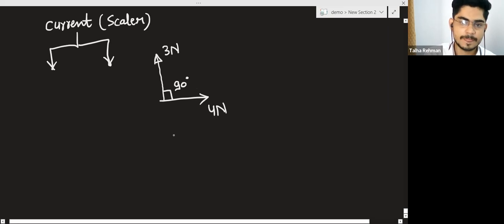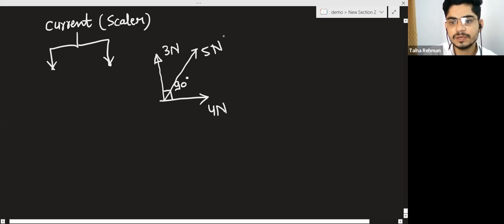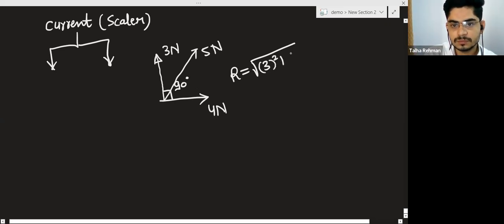Now what is the resultant? The resultant will be something like 5. When you calculate the resultant, you will get 5 Newton from 3 square plus 4 square.